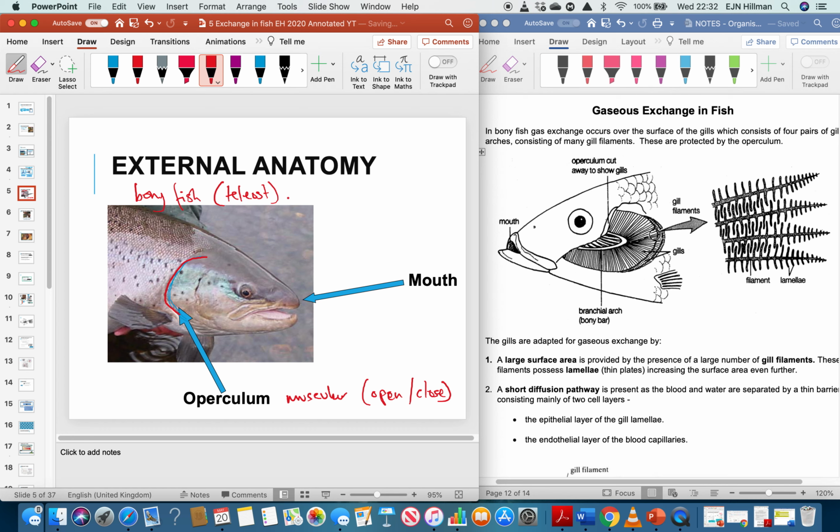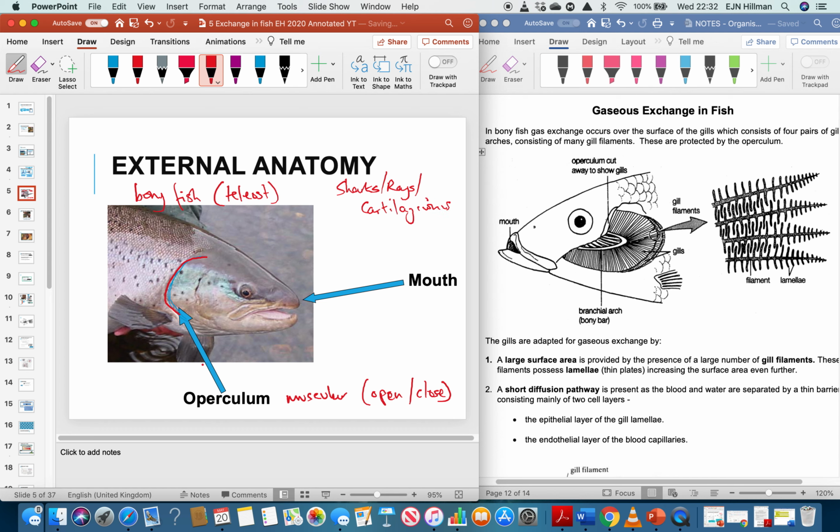So if you think of cod or barracuda or, I don't know, a goldfish even, are all referred to as bony fish. The reason they're called bony fish is because their skeleton is made out of calcified bone. Sharks and rays, guitarfish, etc. are cartilaginous.